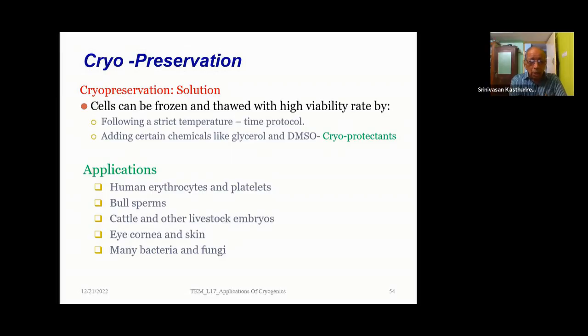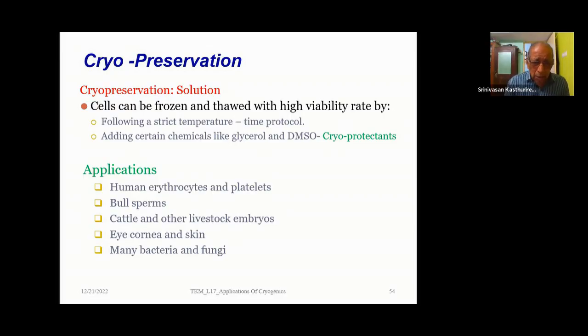So obviously, what one does is add additional chemicals such as glycol, DMSO, etc. And these are known as cryoprotectants. That means they protect the cells in the cryogenic fluids. So those can be used for the freezing and thawing of the cells.